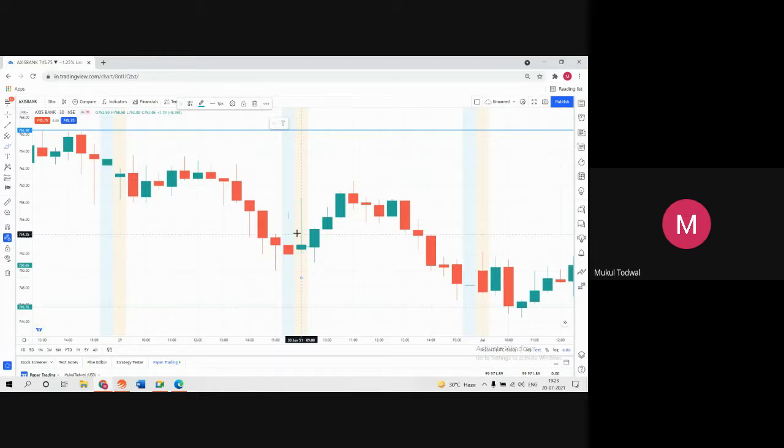example for an inverted hammer, because that shows that yes, the bulls were taking charge, but the bears took them down. And this is also displayed over here. The bulls took a very good charge, but again the bears kicked in, and they took the price very low.